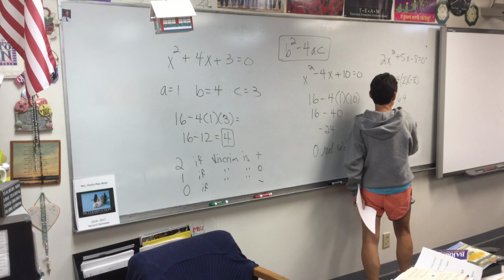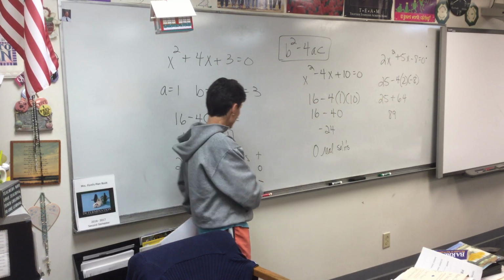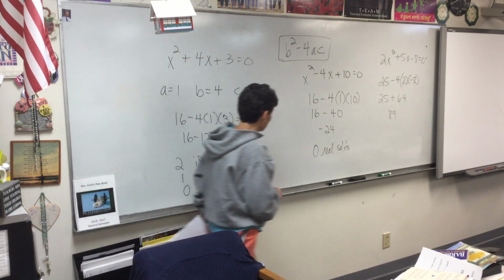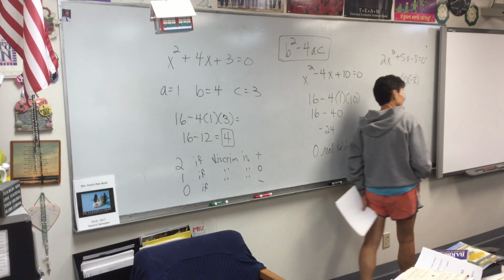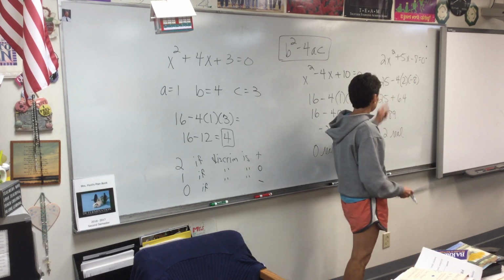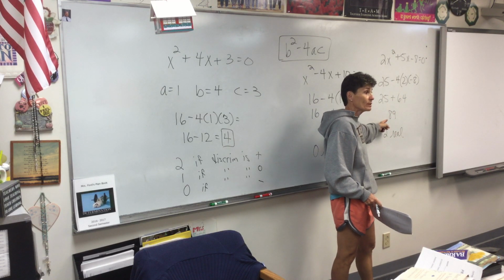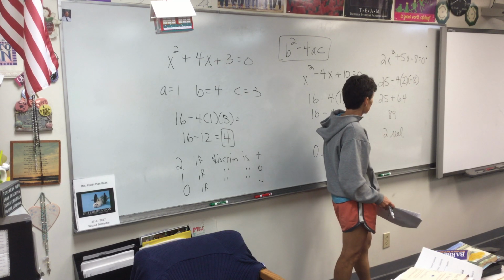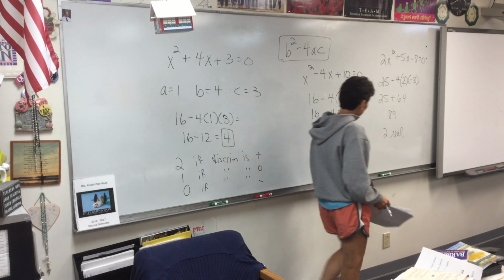So what is that, 89? 89. So what does that tell you about your number of real solutions? There are 2 real solutions. And also, FYI, this problem doesn't factor, because the only time they factor is if you get a perfect square. 89 is not a perfect square. So if it cared, you could say it doesn't factor.